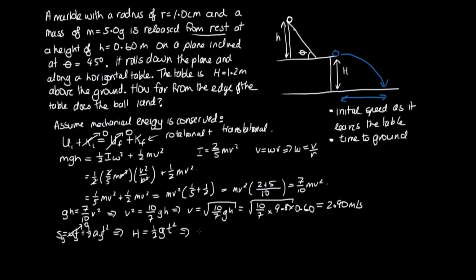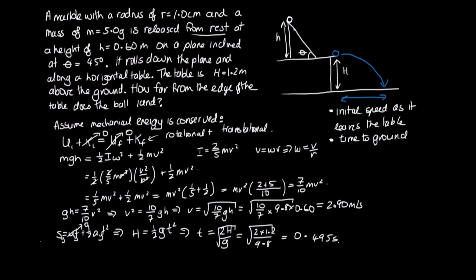So we can rearrange this to get t, so t is equal to the square root of 2h on g. We can evaluate this as well, so we've got 2 times 1.2 over 9.8. Solving that on the calculator, we end up with 0.495 seconds.